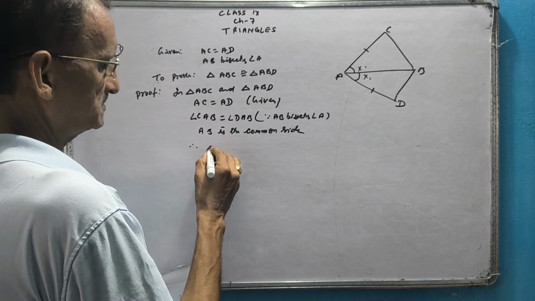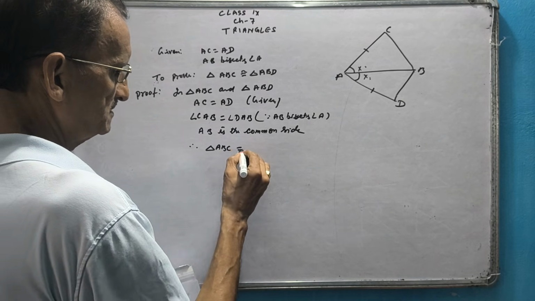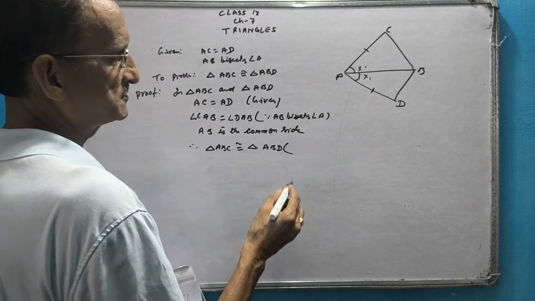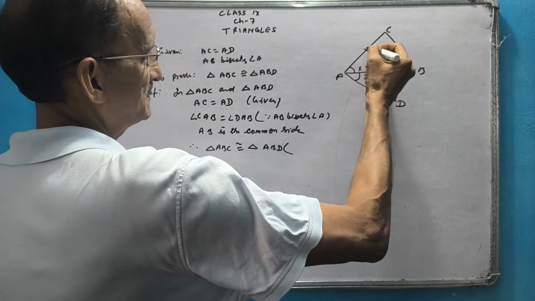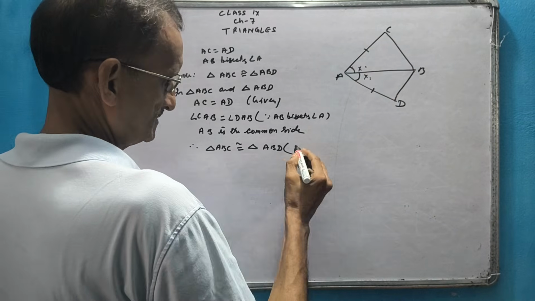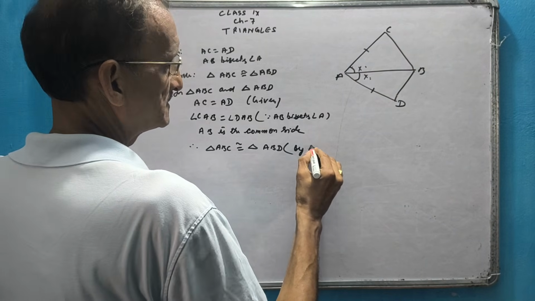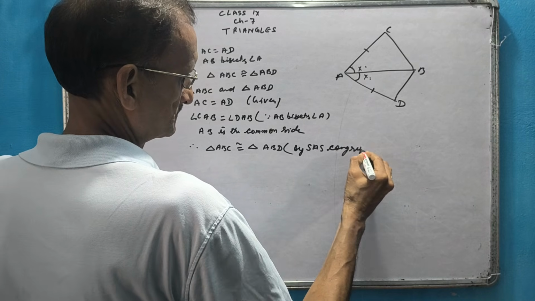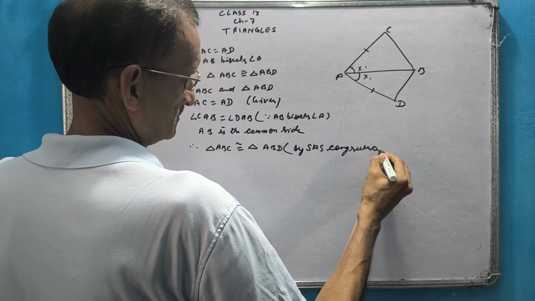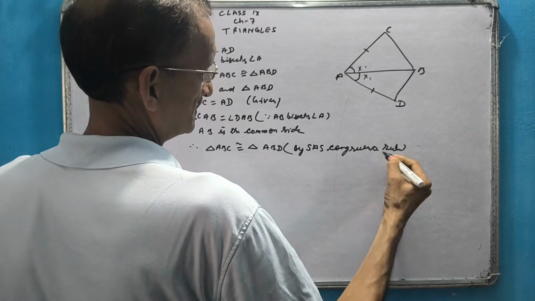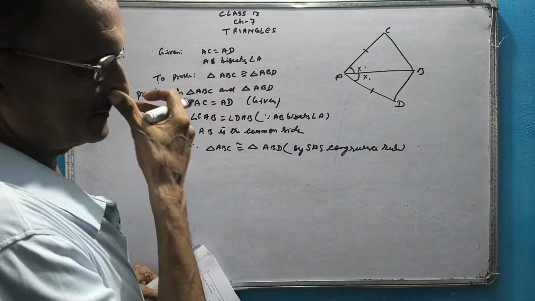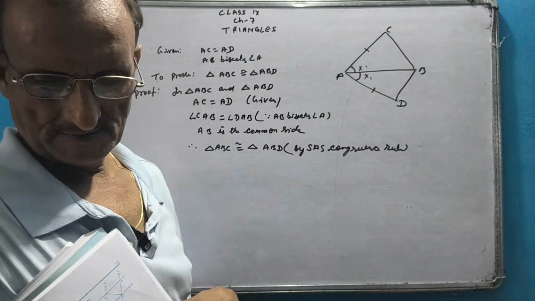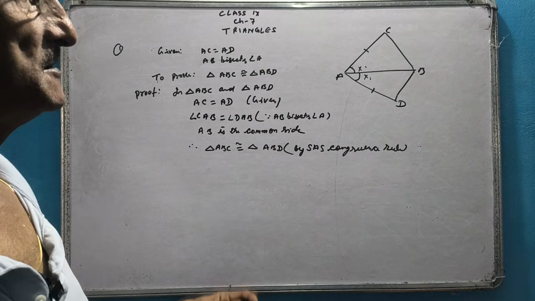So thus we have got triangle ABC congruent to triangle ABD by what postulate? You must write the postulate very clearly: side, angle, side. We will write by SAS congruence rule. Now, if two triangles are congruent, then their corresponding parts will be equal.